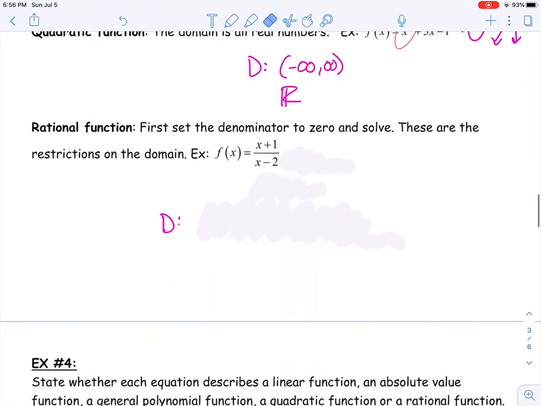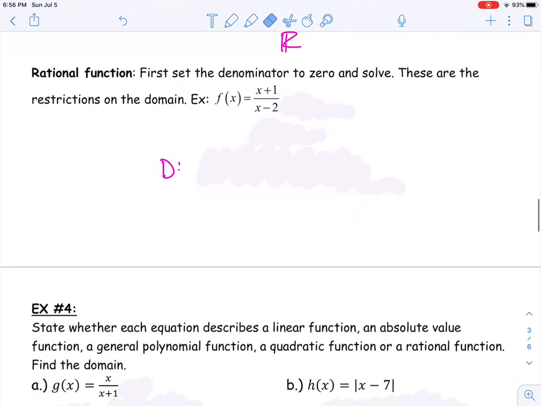All right, but there is a function that we have to worry about having domain restrictions. Remember those rational functions? Anytime I have a polynomial in the top, in my numerator, and a polynomial including a variable in the denominator, we've got to worry about that denominator equaling 0, right? So I've got to figure out what's going to cause that denominator to be 0, and that's going to be a restriction in our domain.